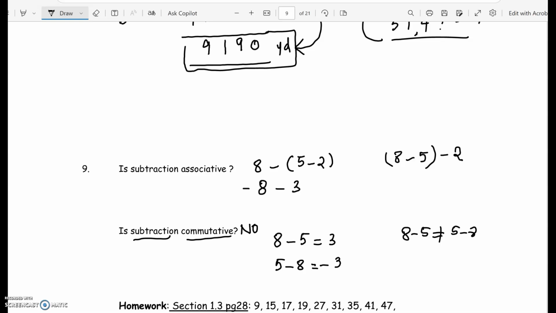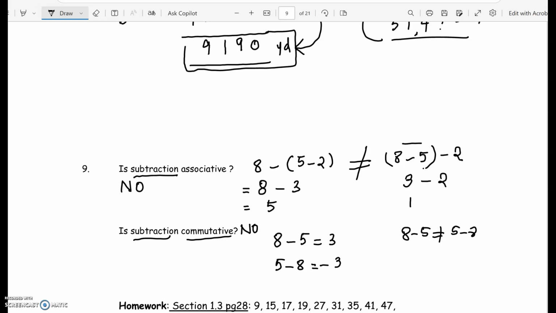Once that is done, 8 minus 3 is 5. So the left side is 5. 8 minus 5 in parentheses first, we're doing this side, is 3. And 3 minus 2 is 1. So these two are not equal. So we found an example where the associative property does not work for subtraction. So the answer is no.